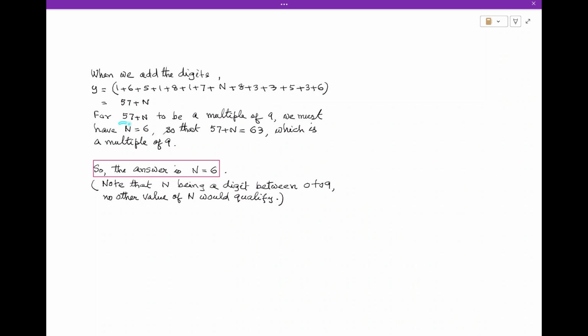For 57 plus n to be a multiple of 9, we must have n equal to 6, so that 57 plus n is equal to 63, which is a multiple of 9. So the answer is n is equal to 6. Note that n being a digit between 0 and 9, no other value of n would qualify.